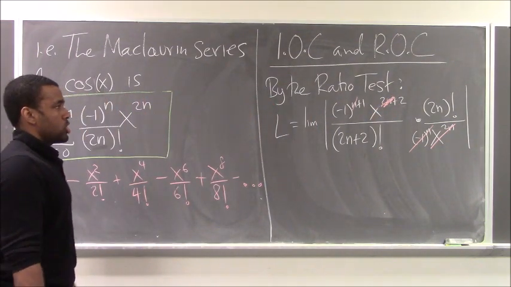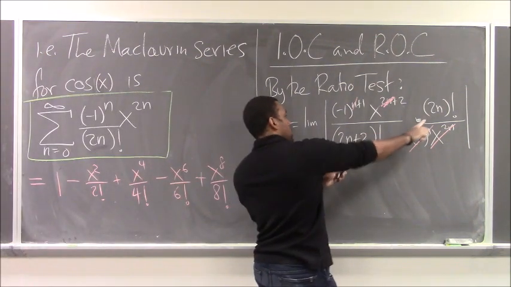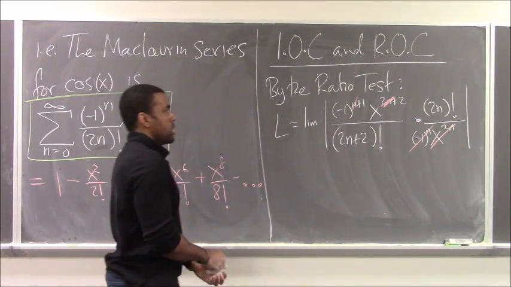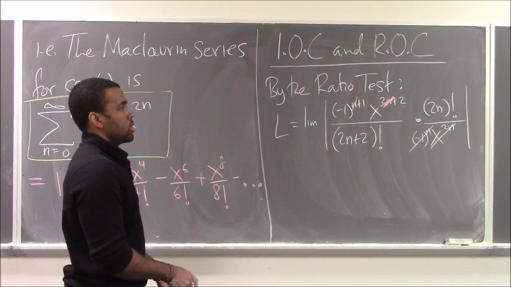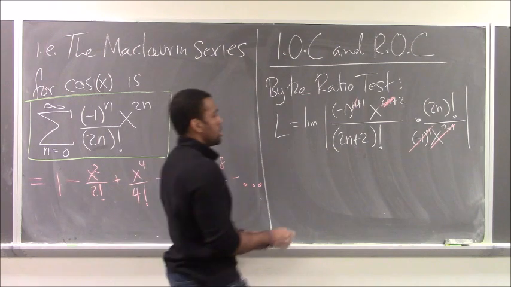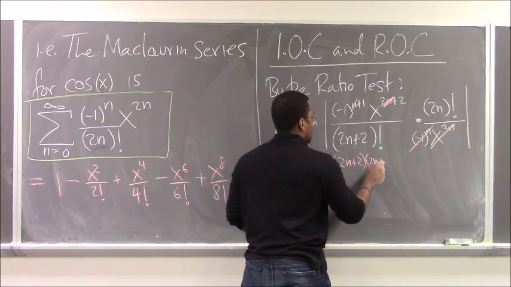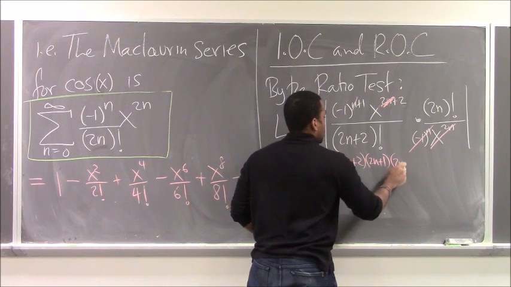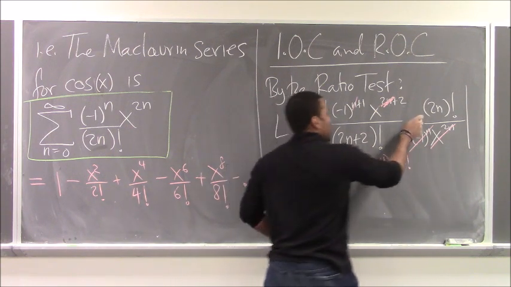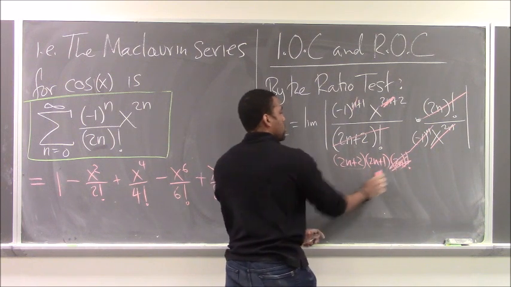So I'm left with an x squared there. How can I simplify 2n factorial over this guy? The 2n plus 2 factorial is basically 2n plus 2, 2n plus 1 times 2n factorial. So this guy cancels into that guy, but it leaves this part left over.